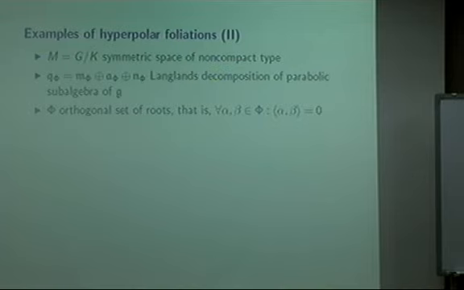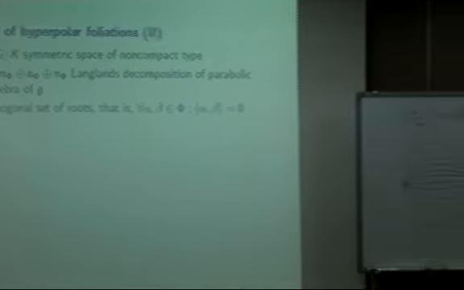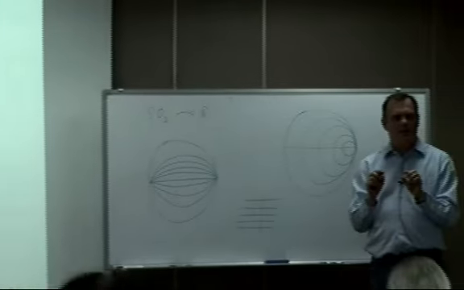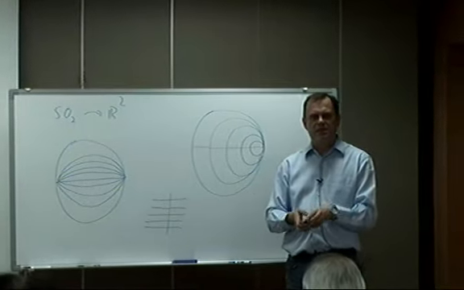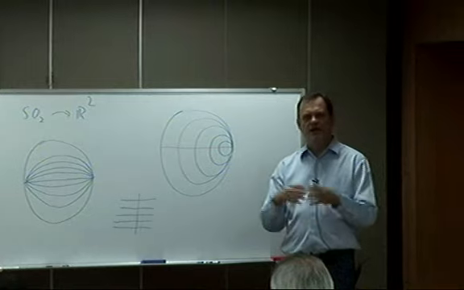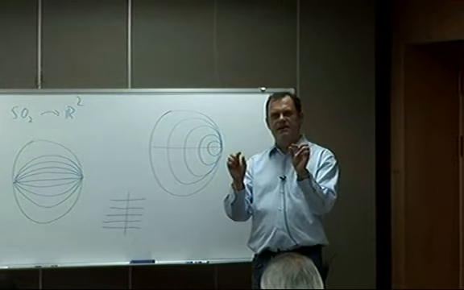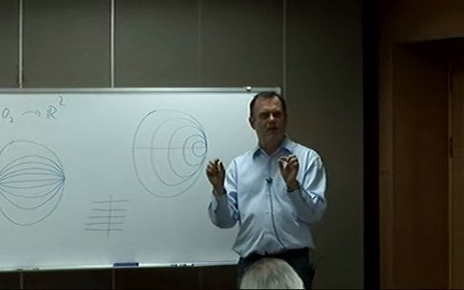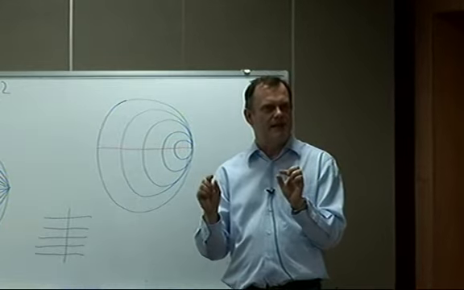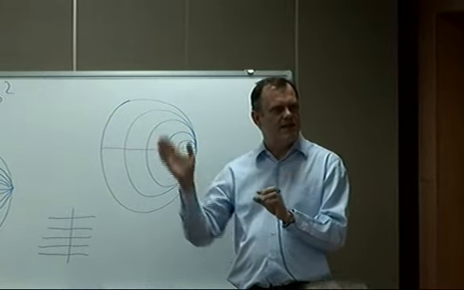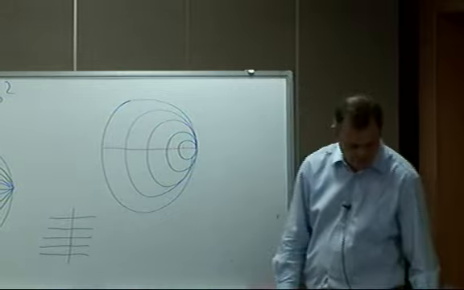Or in other words, the roots you choose from the simple roots are not connected by a line in the Dynkin diagram. So you take the symmetric space, look at the corresponding Dynkin diagram, and select vertices in the Dynkin diagram which are not connected by lines. So we choose such a subset.